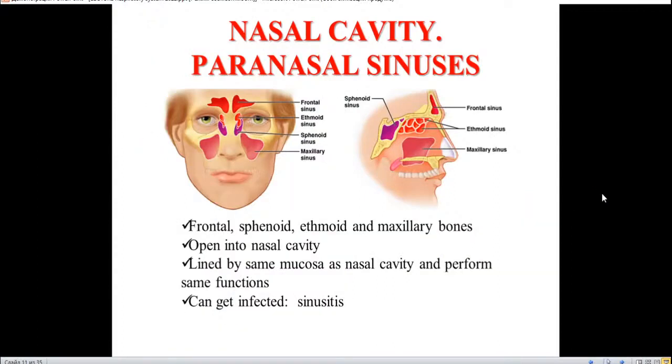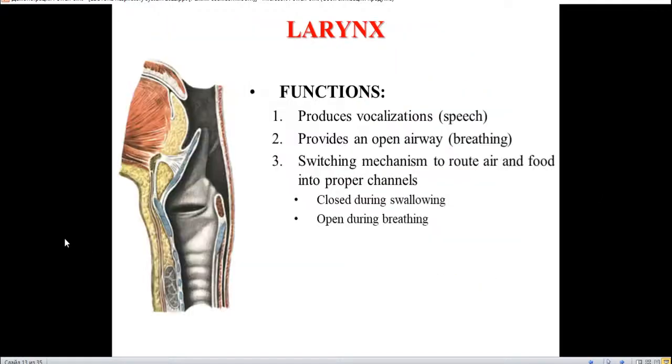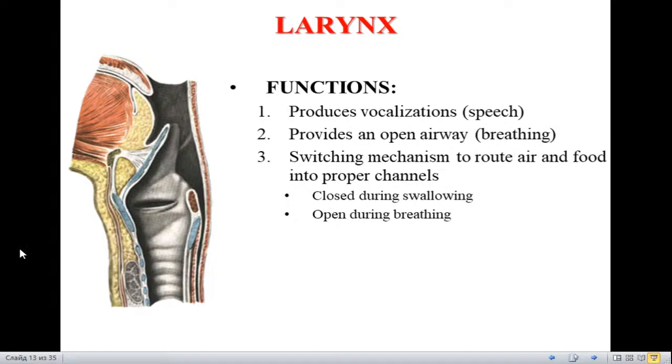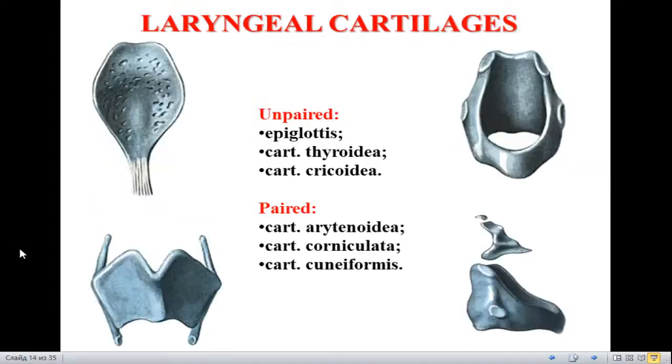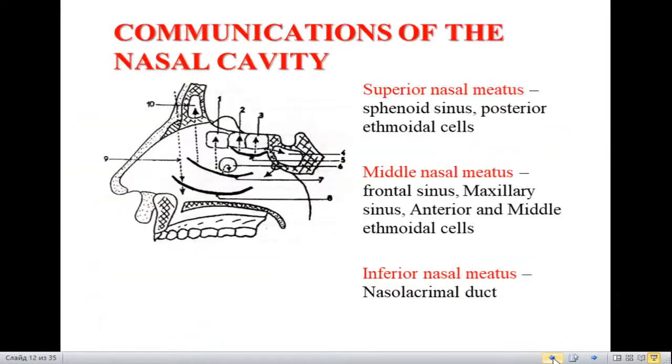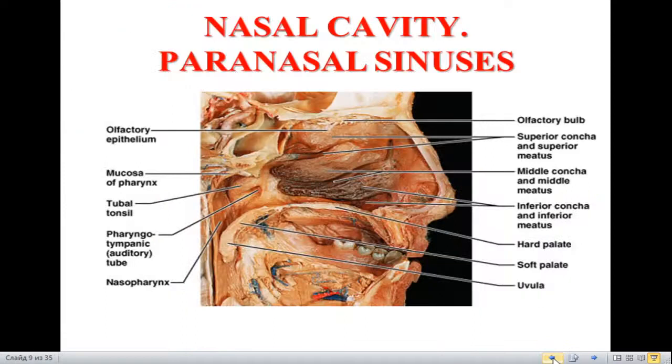So, nasal cavity and paranasal sinuses. Let's return to the nasal cavity and paranasal sinuses.